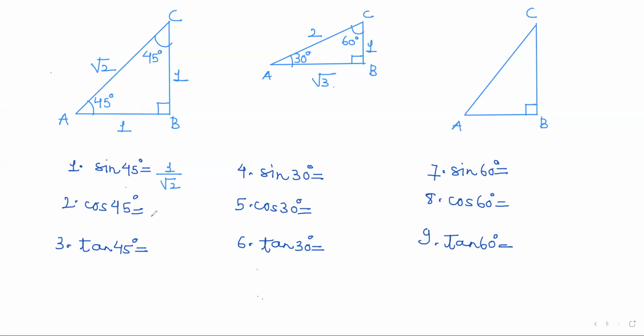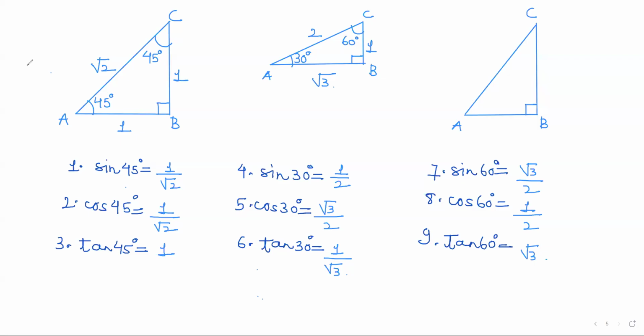I'll write the answers quickly. 1 by root 2, 1 by root 2. This is 1. The ratio of sine and cos, right? Sine 30 is 1 by 2, cos 30 is root 3 by 2. This is 1 by root 3. Very good, Harshit.